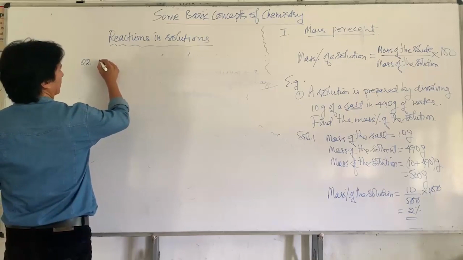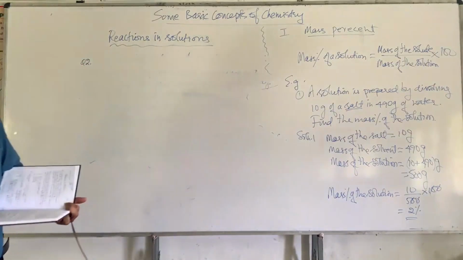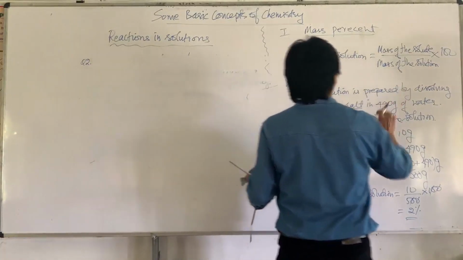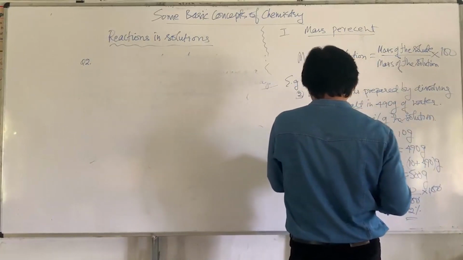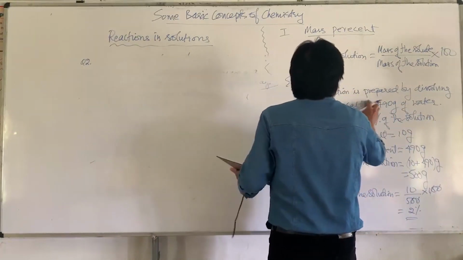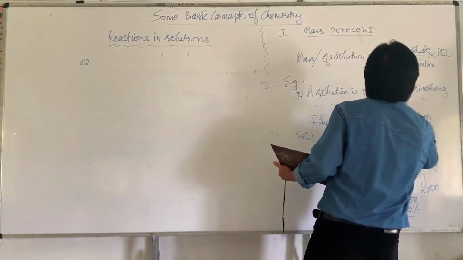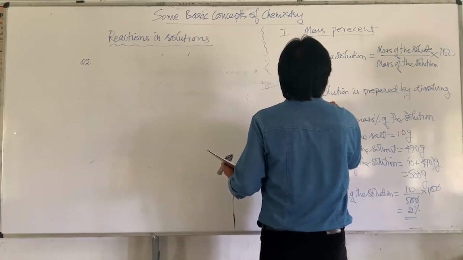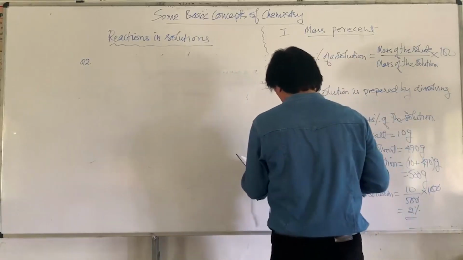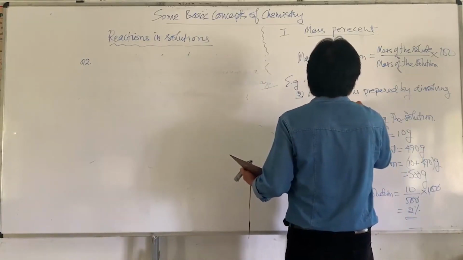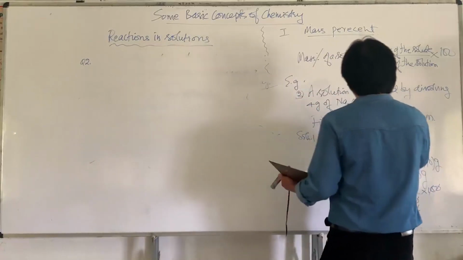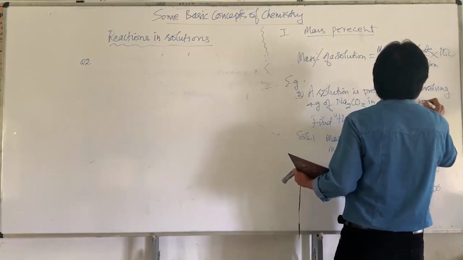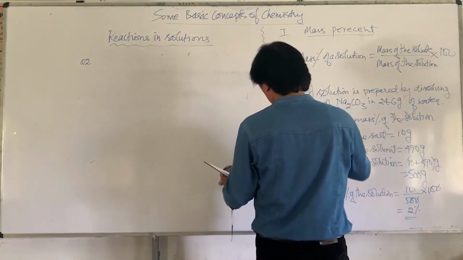A solution is prepared by dissolving 4 grams of sodium carbonate, Na2CO3, in 246 grams of water. Find the mass percent of the solution.